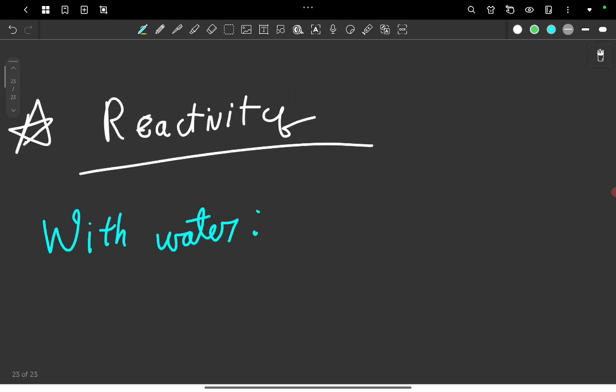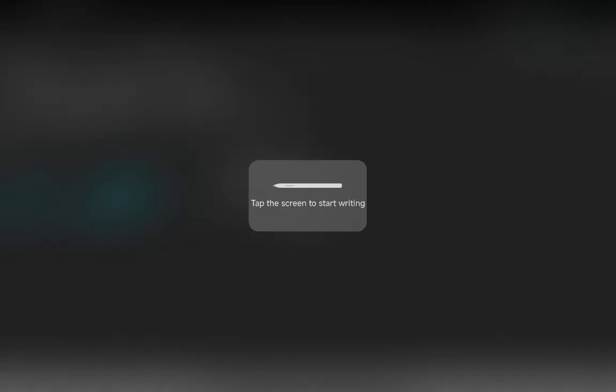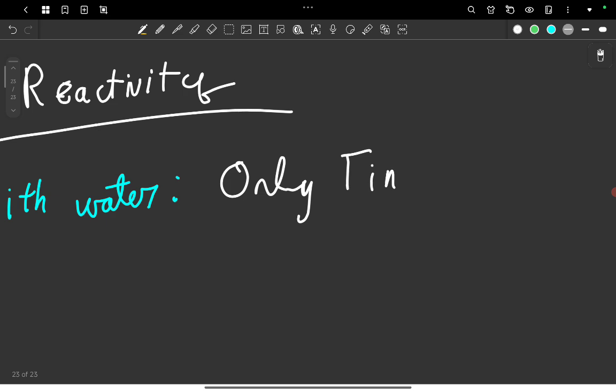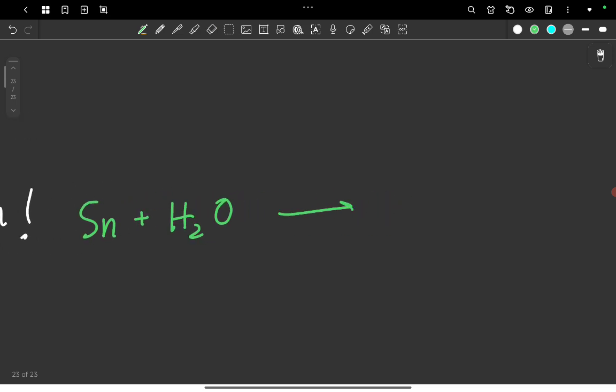With water, out of all the five elements, only tin reacts, like only Sn, and the reaction is Sn plus H2O. Balance, do it yourself. Sn plus H2O gives SnO2 plus 2H2.